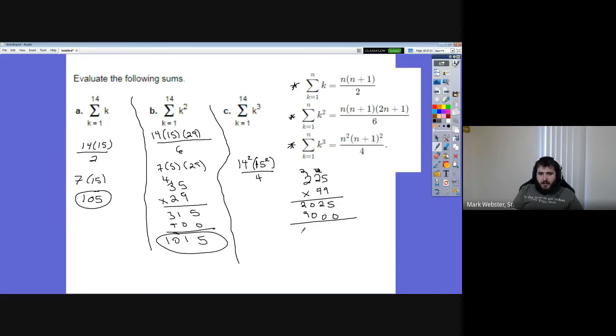And then whatever we get here, we add them up. This is the sum of all the cubes from 1 to 14: 1 cubed, 2 cubed, 3 cubed, 4 cubed, etc., all the way up to 14 cubed. You add them up, you get 11,025. Because again, nobody wants to actually physically count those. And if we have these formulas, they will make our lives so much easier.